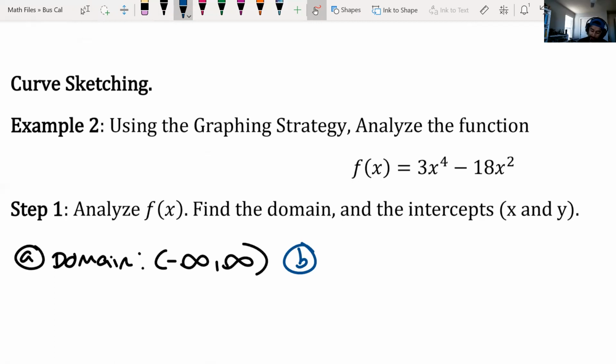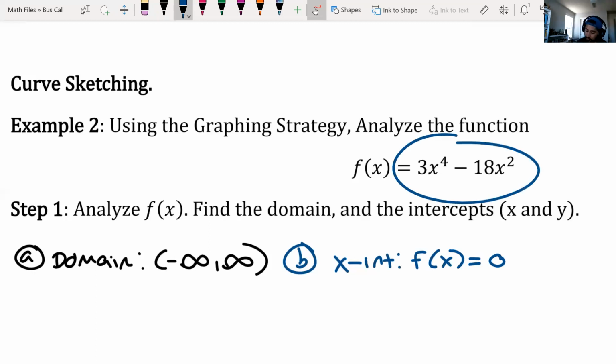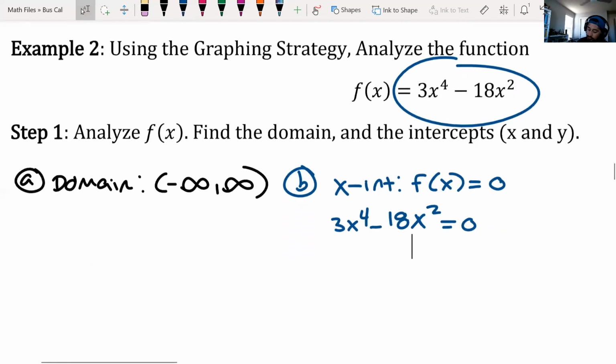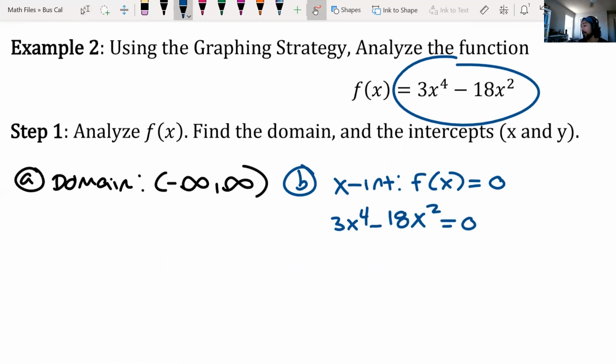Okay. So B, let's go ahead and find the x-intercepts. To find an x-intercept, you let f of x equal 0, or y equals 0, the same thing. So we take this function, 3x to the 4th minus 18x squared, set it equal to 0, and factor to solve for x. I can take out the 3x squared.